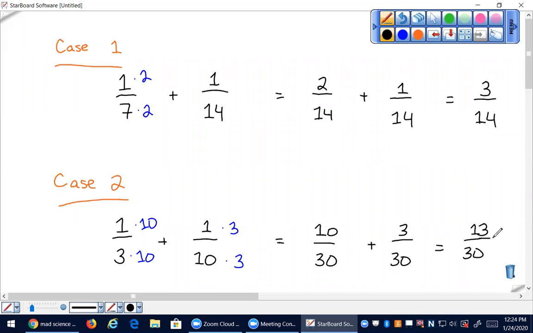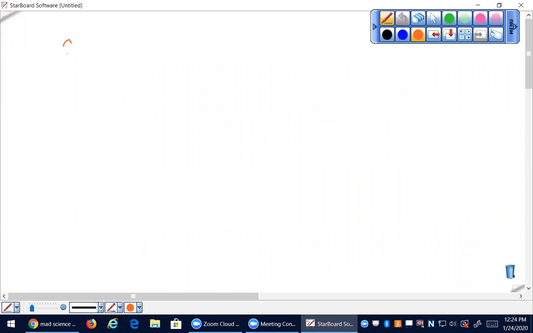The more interesting case, only because it's confusing, is when there are some factors in common. So let's look at that. I'll make it 1/6. So now there is a 2.